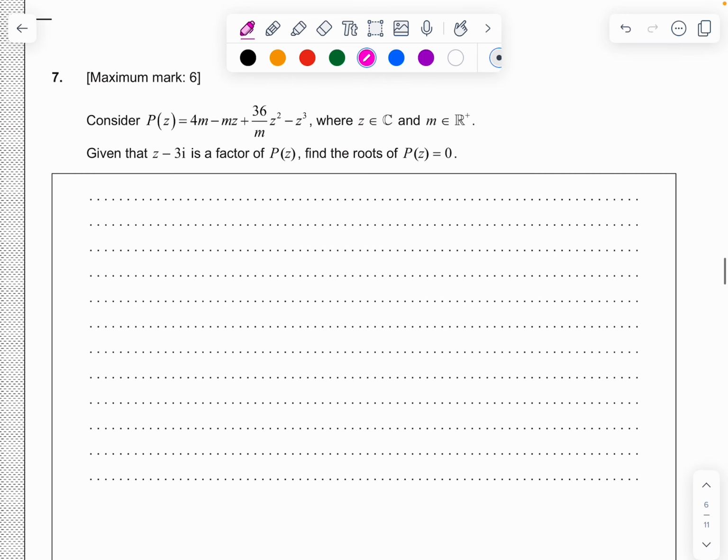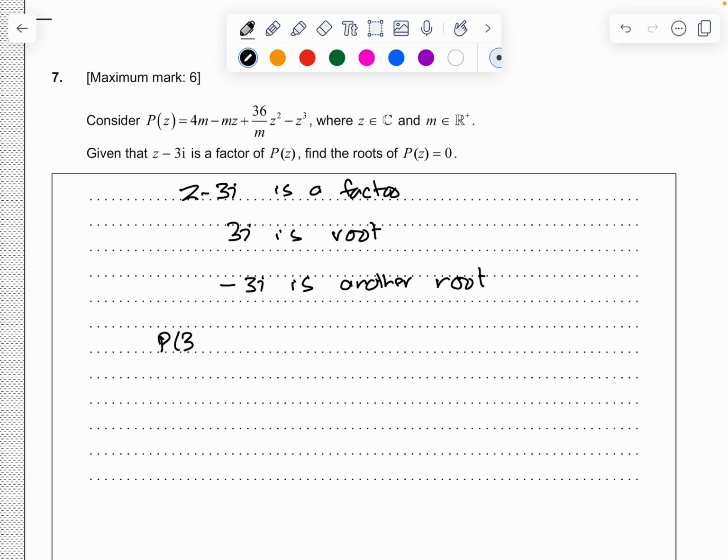Question number 7. p of z equals z cubed minus 4m... z minus 3i is a factor. Z minus 3i is a factor means 3i is a root. If 3i is a root, minus 3i will also be a root, because roots always exist in conjugate form. So p of 3i equals 0.